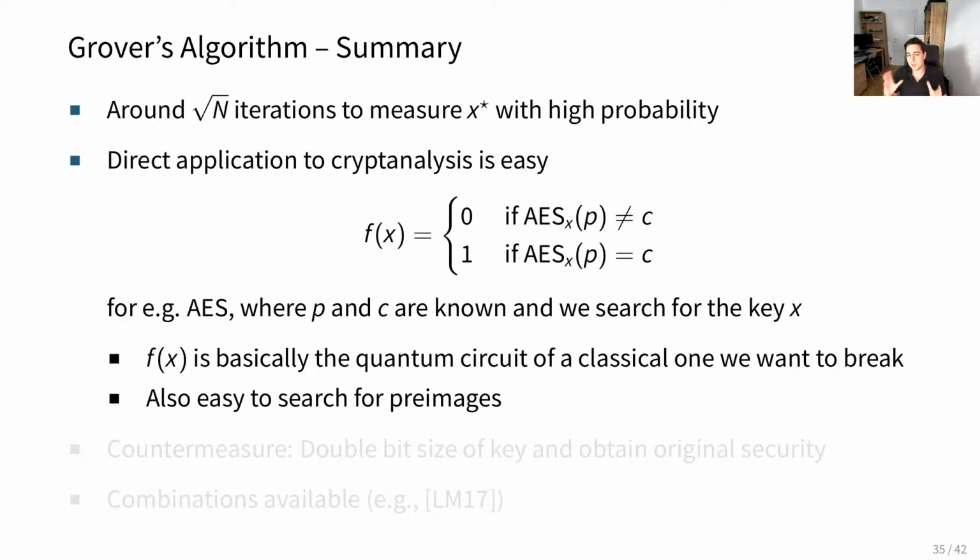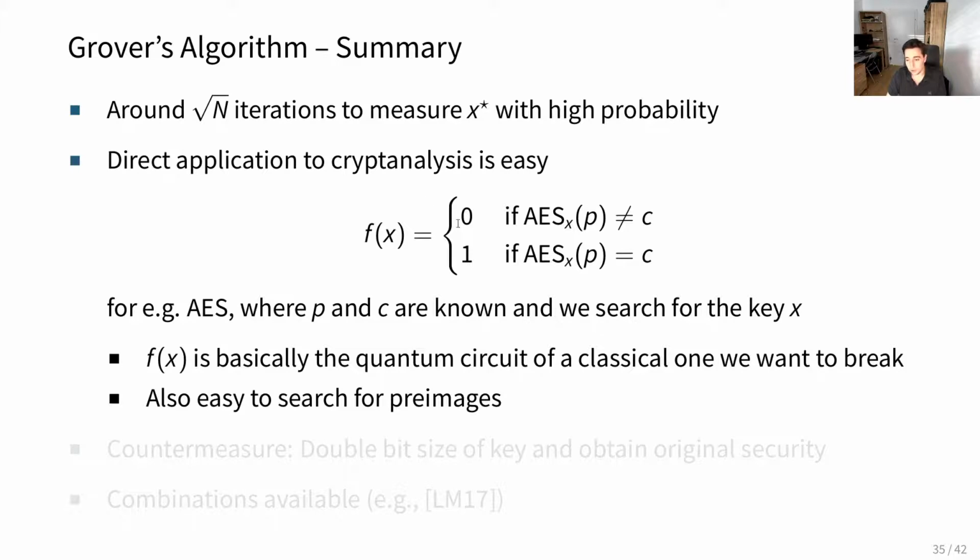So now this is the matter. We need an implementation on the quantum side of this function, which basically takes a certain amount of input bits and returns a single output bit. This function, however, is very easy to implement on a classical computer. It's just AES. This is not hard. And also on a quantum computer, there are various implementations available, but this is not what we consider part of this complexity.